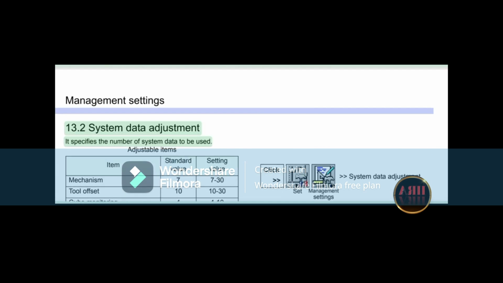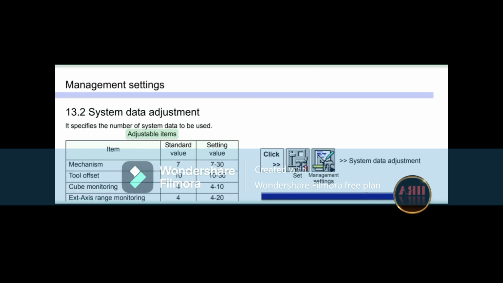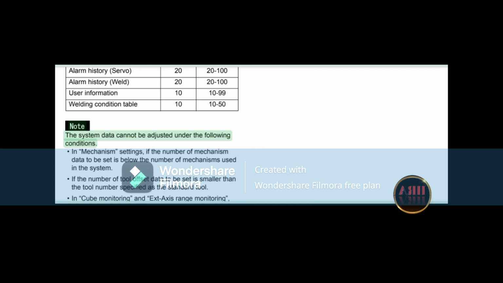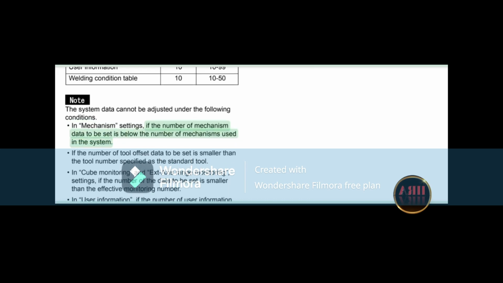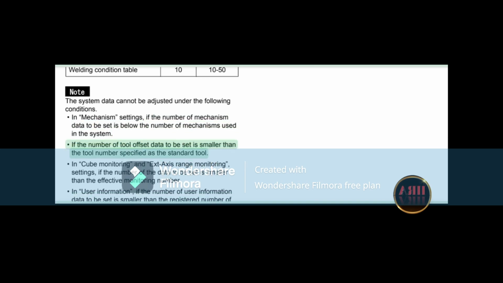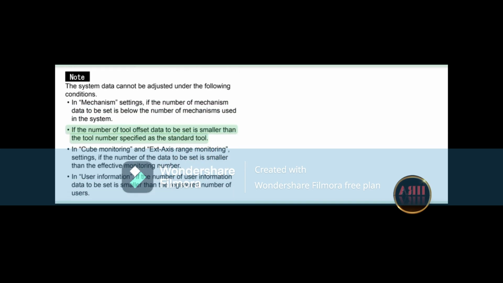13.2 System data adjustment. It specifies the number of system data to be used. Adjustable items. Note: the system data cannot be adjusted under the following conditions. In mechanism settings, if the number of mechanism data to be set is below the number of mechanisms used in the system. If the number of tool offset data to be set is smaller than the tool number specified as the standard tool.